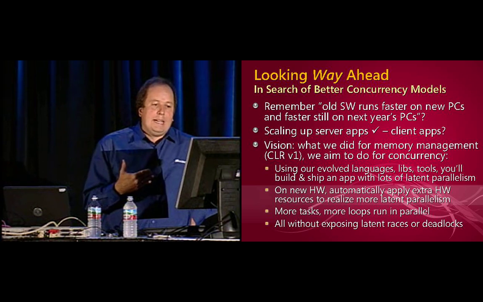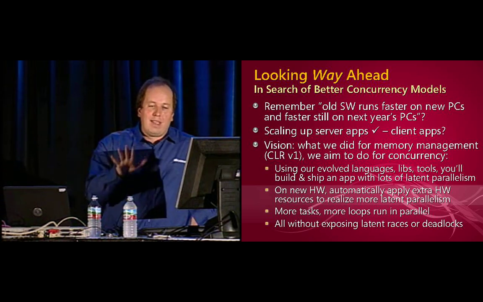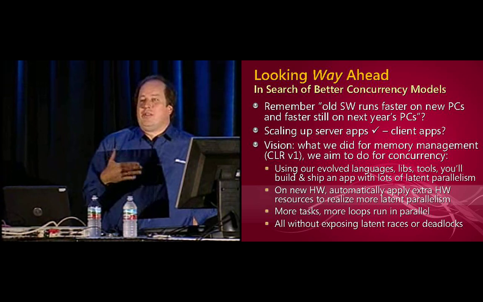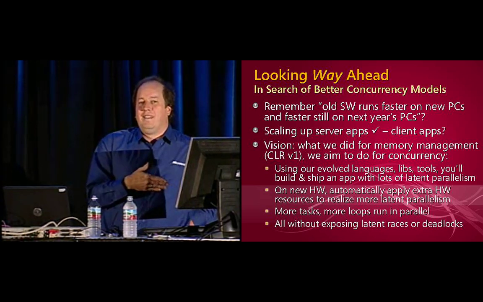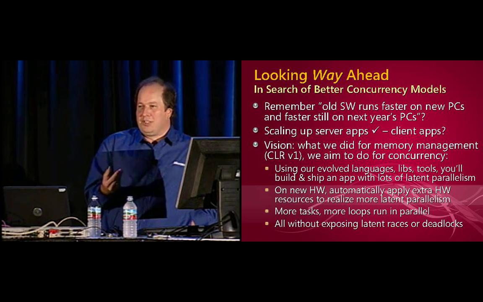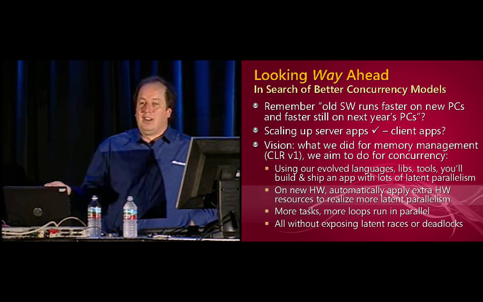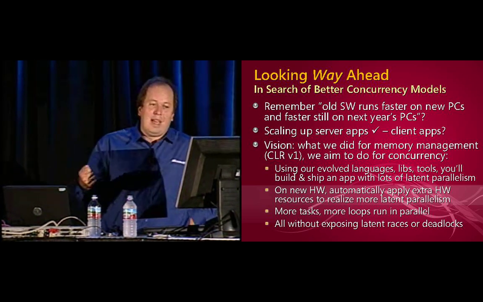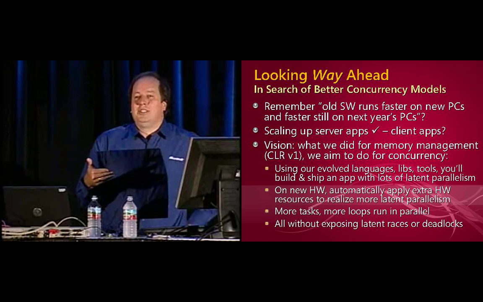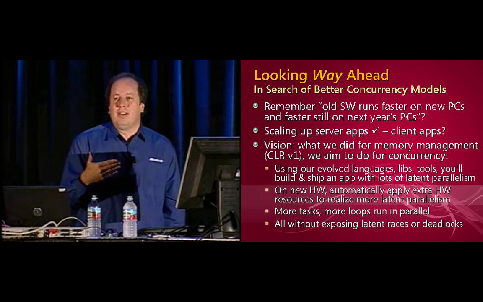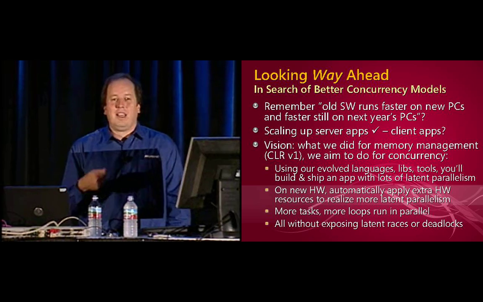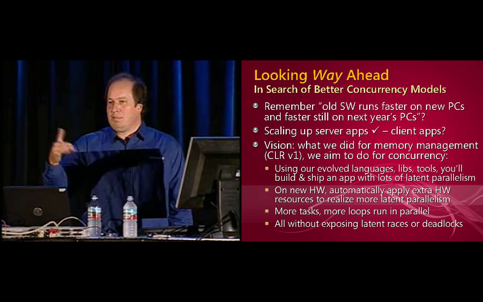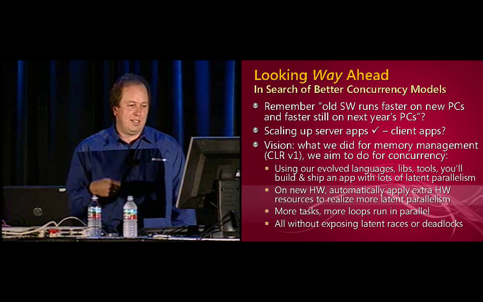So if you grew up in the industry, you remember this terrific phenomenon that the software you shipped last year ran faster on this year's computers and even faster on next year's computers. And we'd like to reestablish that relationship, even though an individual core isn't necessarily running a lot faster next year, but we have more cores to take advantage of.